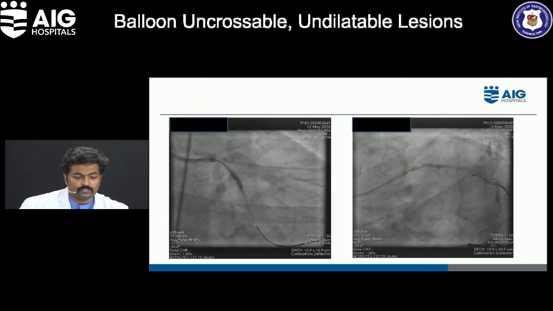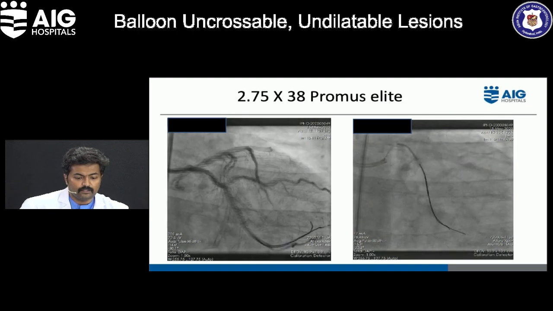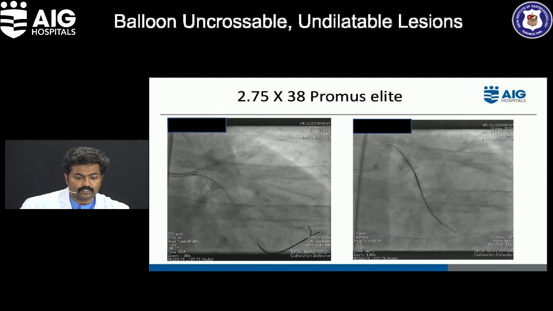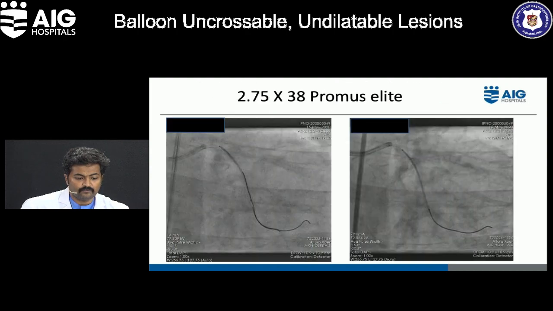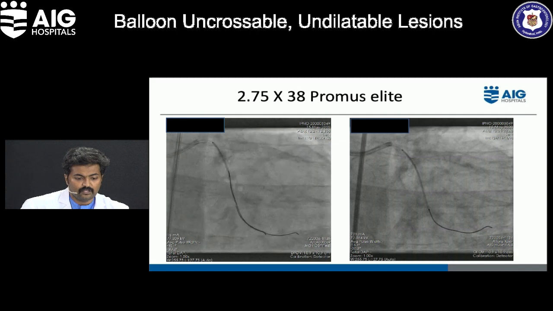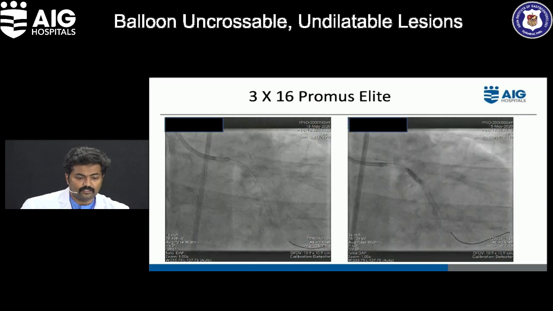So once the IVL was used and the lesion was cracked open, we could pass the stent there with the help of a GuideLiner, and we put 2 overlapping stents, a 2.75 x 38 Promus Elite stent and a 3 x 12 Promus Elite, and then it was a good expansion, which we could see.